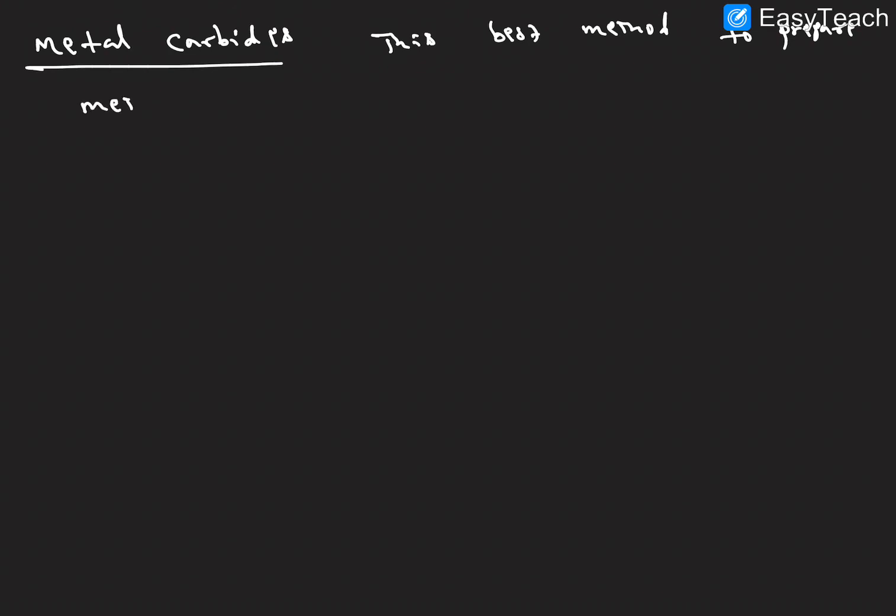Next reaction, metal carbides. This is the best method to prepare methane.